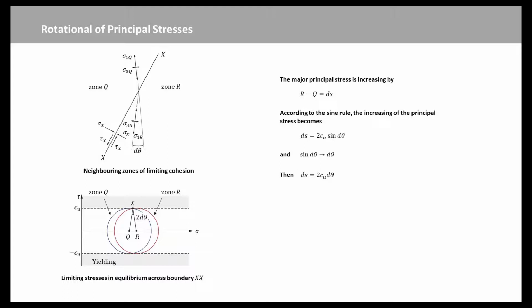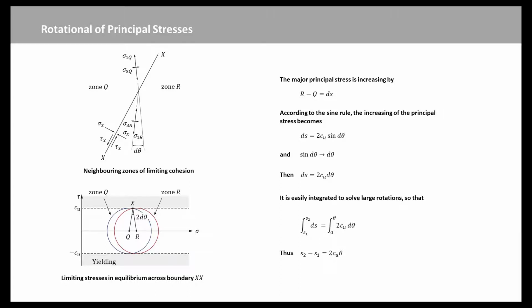According to the sine rule, the principal stress increase is 2 times Cu times sine d theta. If d theta is very small, then sine d theta is approximately equal to d theta. So ds becomes 2 times Cu times d theta.